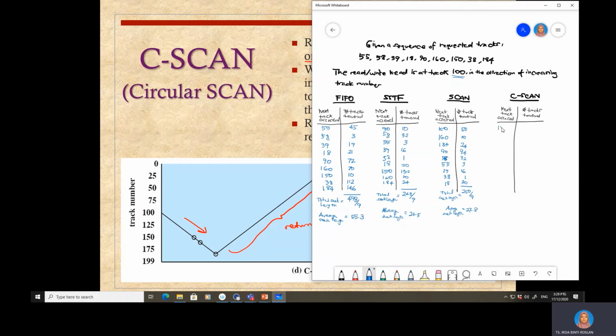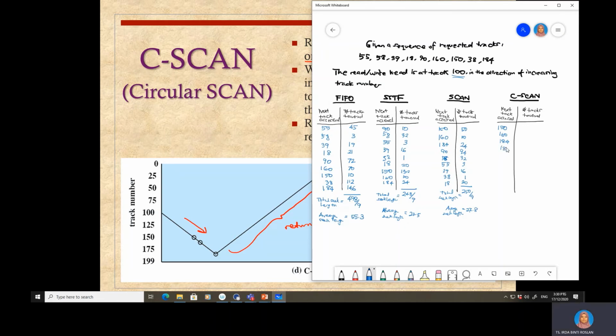It will continue to track 150. After that, 160, and then 184. As it reaches the end of the track, 184, we return to the beginning of the track and start from there. Meaning it starts from the lowest track, which is 18.